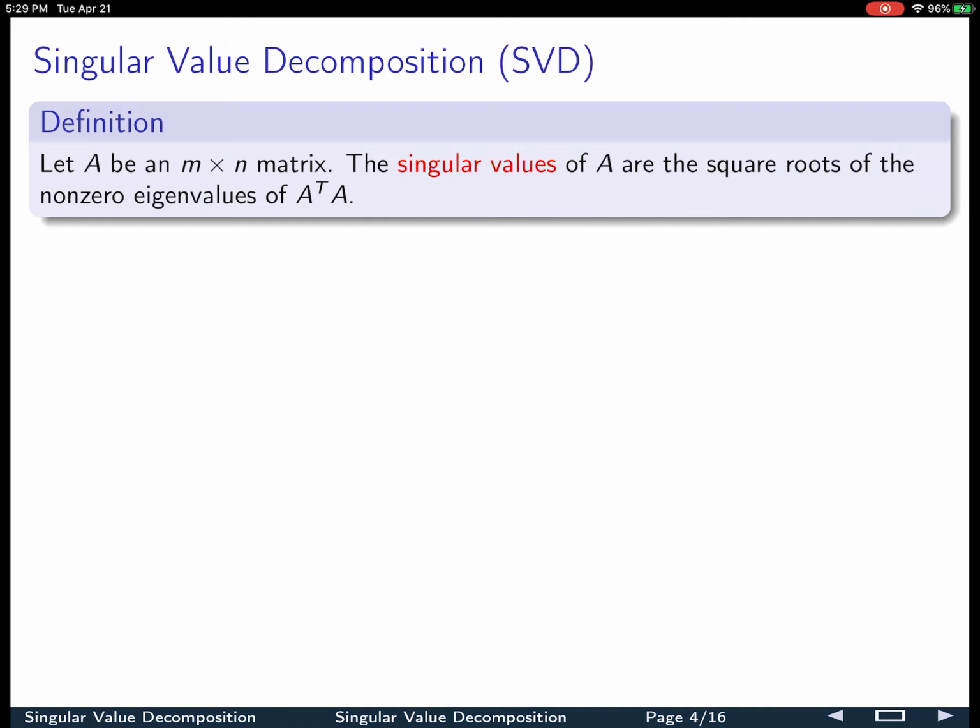So, remember in the last lesson, we talked about orthogonal diagonalization. That means that we have to start off with a symmetric matrix, and in order to be a symmetric matrix, that necessarily means that you have to be a square matrix.